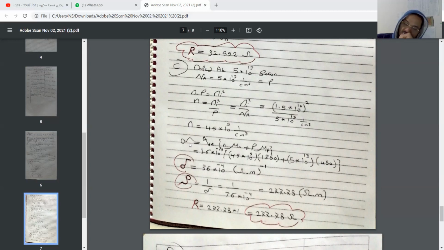By using the same equation to calculate the conductivity, the conductivity of boron-doped silicon equals 36 exponential minus 4 ohm dot meter to the minus 1, and the resistivity equals 277.78 ohm meter, and the resistance has the same number.